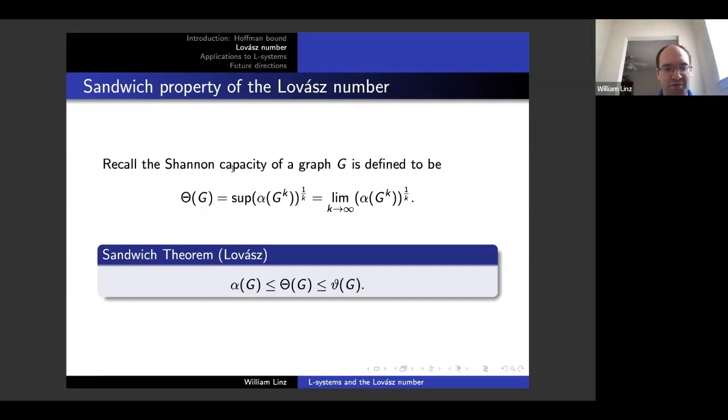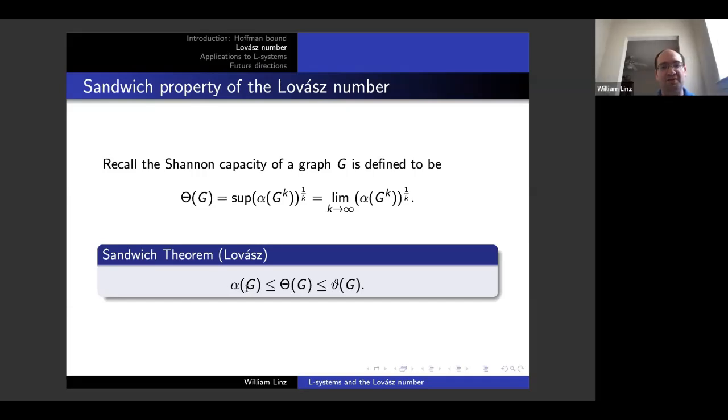One of the key theorems that Lovász proved is that this expression, the Shannon capacity, is an upper bound for the independence number, because you could just take k equals 1 in this supremum definition. But also the Lovász number is an upper bound for the Shannon capacity.